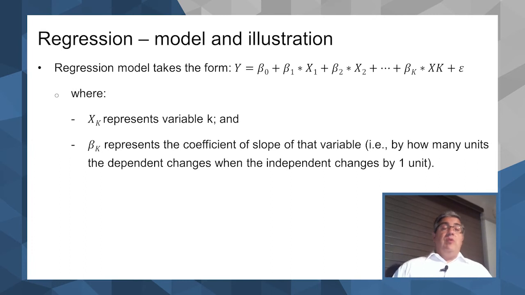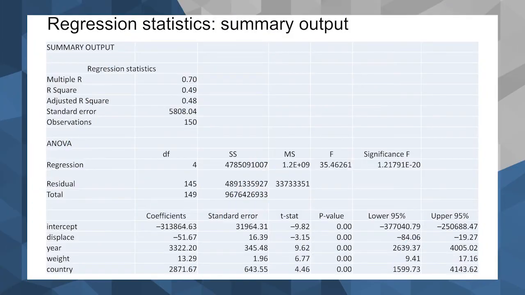They represent the number of units that you expect y to change when x changes by 1 unit. So for example, in that model, if x1 increases by 1 unit, y will increase by beta 1 units. There's an example coming up with actual numbers, and I'll go through that. And there it is.